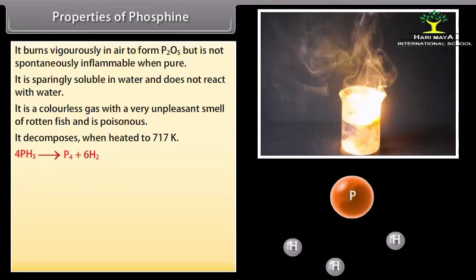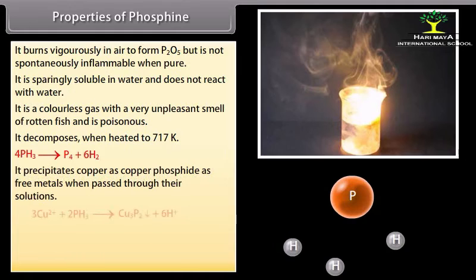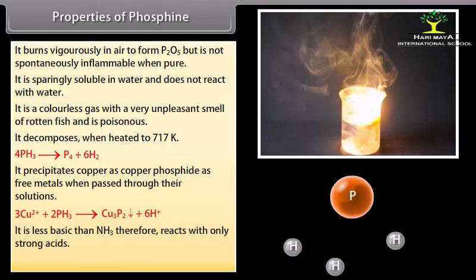It decomposes when heated to 717 Kelvin. It precipitates copper as copper phosphide, as well as free metals, when passed through their solutions. It is less basic than NH3, therefore reacts only with strong acids.